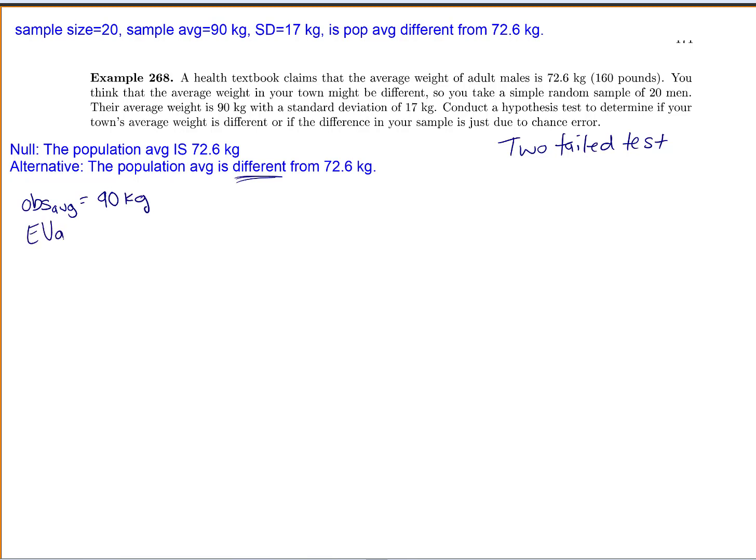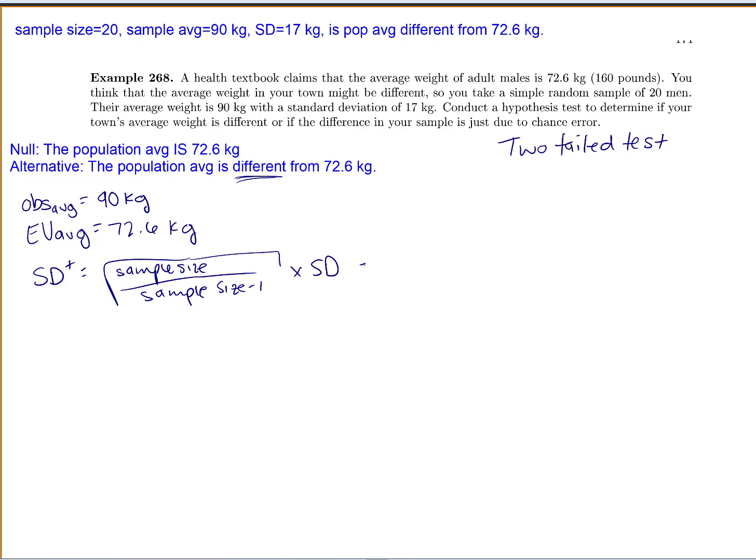Your expected value for your average is what you expected to get, or your population average, which, assuming the null is true, is 72.6 kilograms. Now SD plus is equal to the square root of your sample size over sample size minus 1, times the SD that you got.